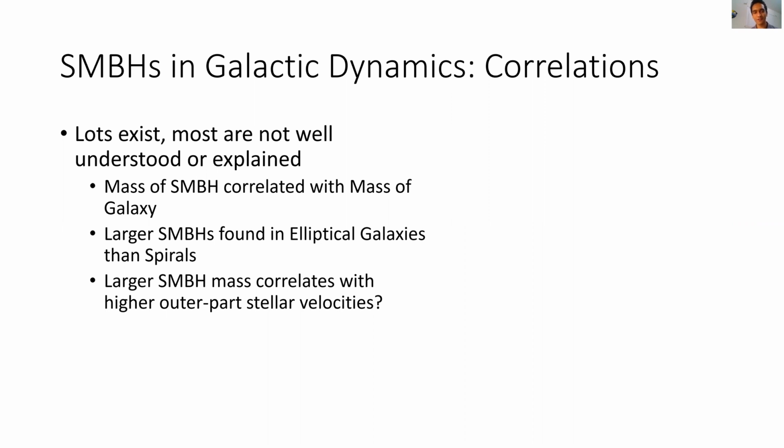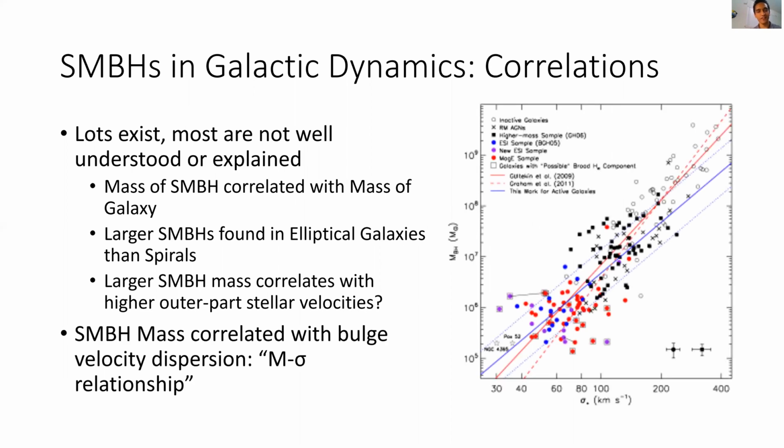The sphere of influence of the supermassive black hole is fractions of a percent of the radius of the galaxy. And yet we see a positive correlation between stars in the very outermost regions of the galaxy and the mass of that supermassive black hole, which might indicate that it has some more role in the formation or evolution of the galaxy. But again, the mechanism is not really well understood.